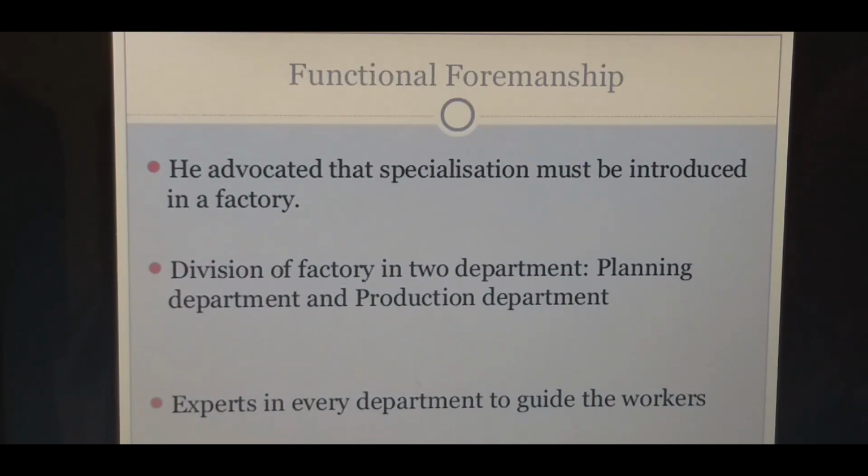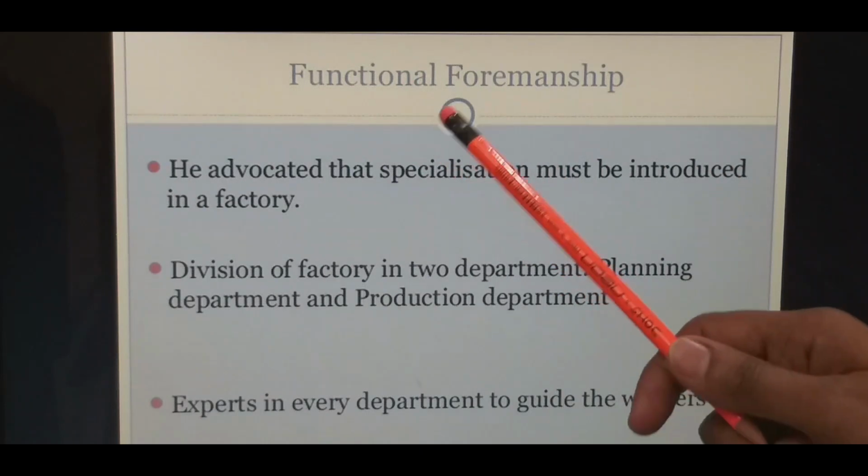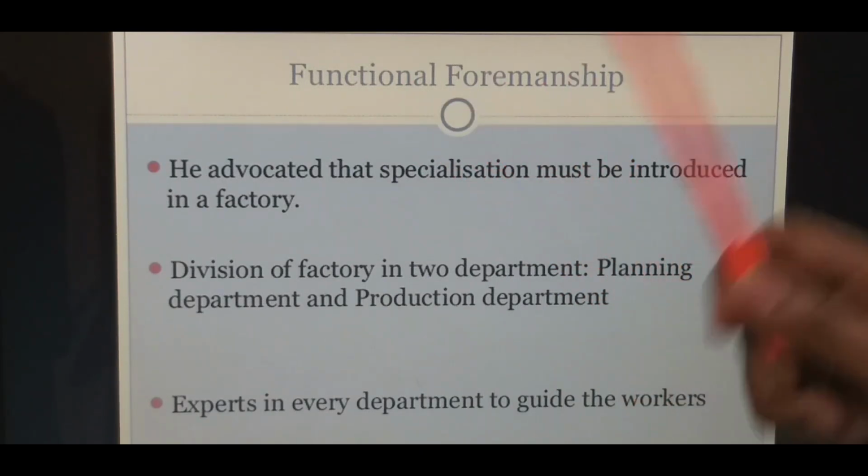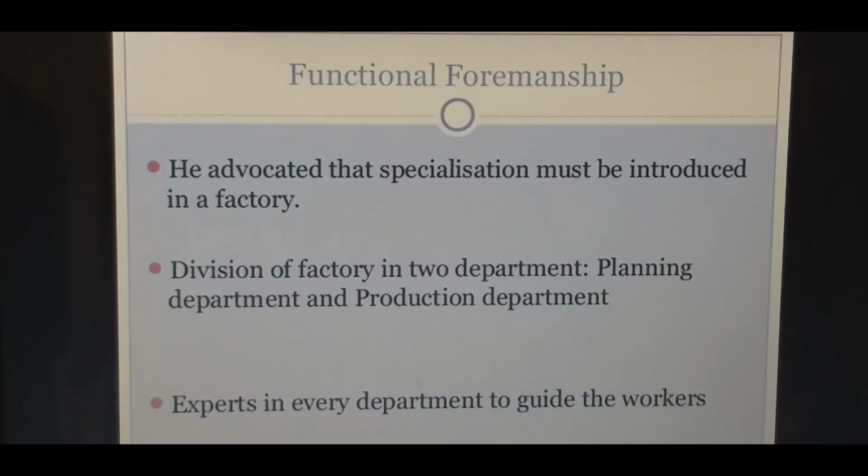Functional foremanship, as the name suggests, the word foreman is here. Under this technique, Taylor said that each and every worker should be supervised by 8 foremen who are specialized in their field.